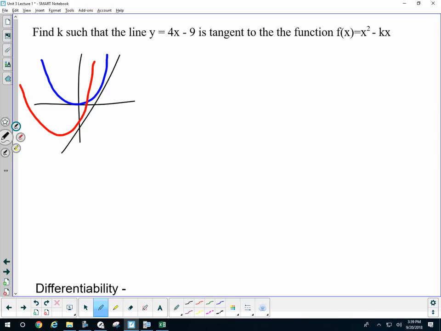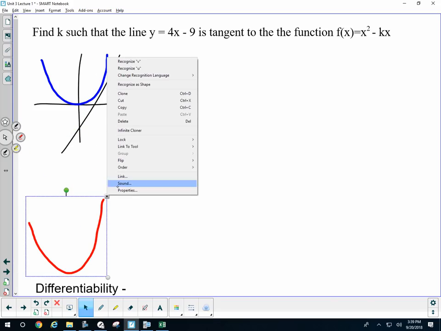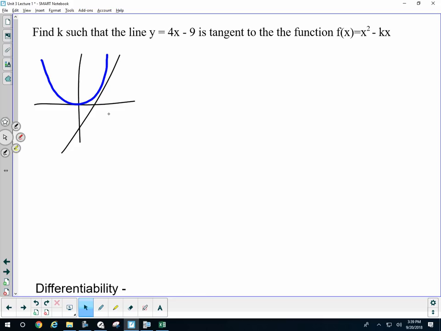What does one of the parabolas and the line share? Let's not worry about the second one. If I was a parabola that had y equals 4x minus 9 tangent to it, what would it share? What must be true? A point, right? A point.